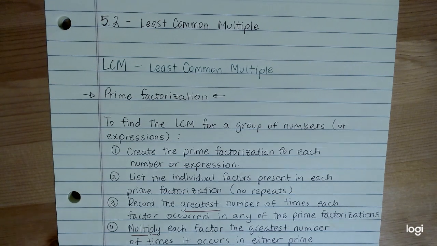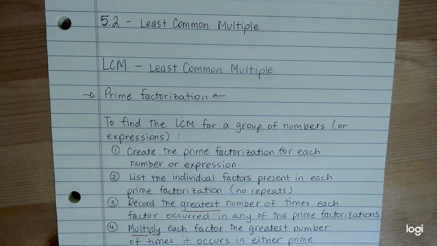So this is going to be definitely a little bit different than what we did for our greatest common factor. For the greatest common factor, remember, we still created the prime factorizations, but in order for a factor to become part of our greatest common factor, it truly had to be present in each prime factorization, and you used it the least amount of times that it occurred.